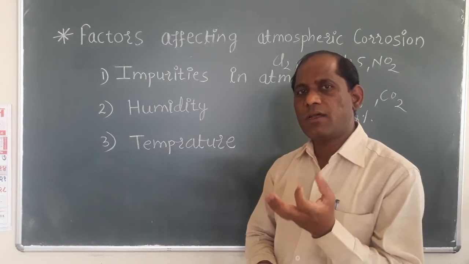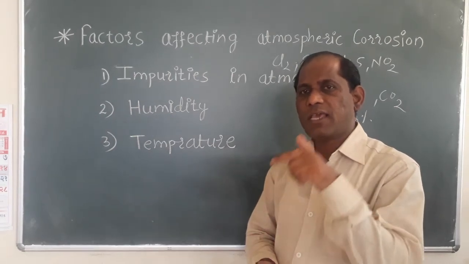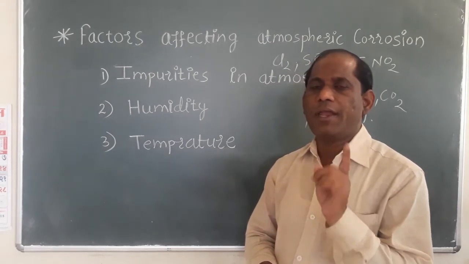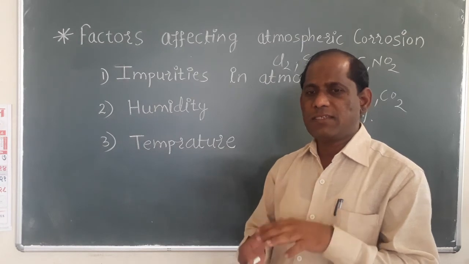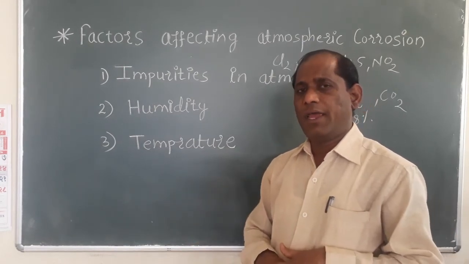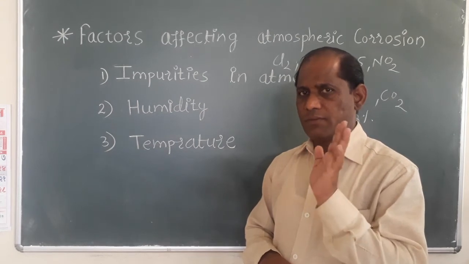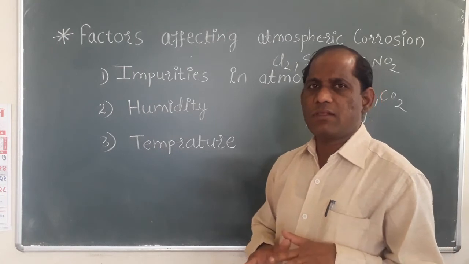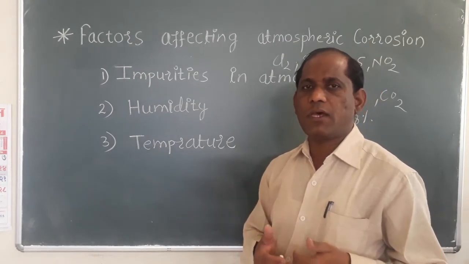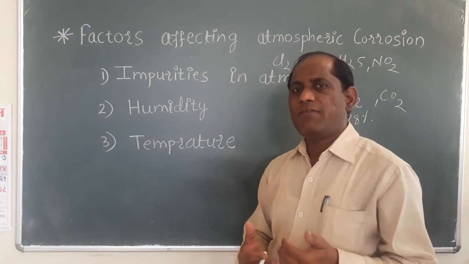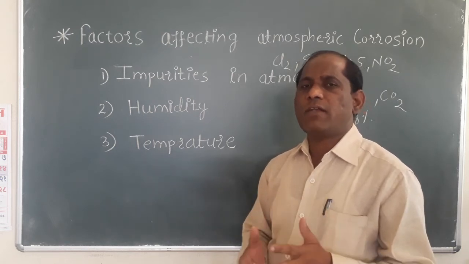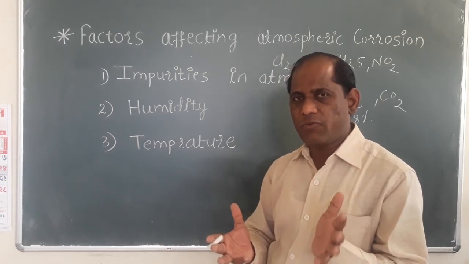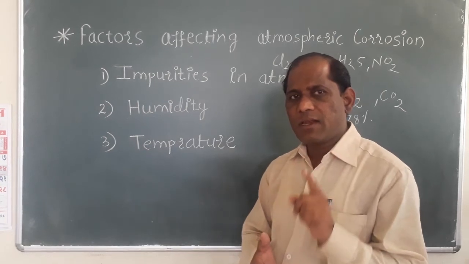The gases get dissolved in this moisture, and then chemical and electrochemical reactions take place on the surface of the metal, and the metal undergoes corrosion. In dry conditions the rate of corrosion is very, very less, but if the atmosphere is humid, the rate of corrosion is always greater, because the moisture present in that humid atmosphere acts like a medium.